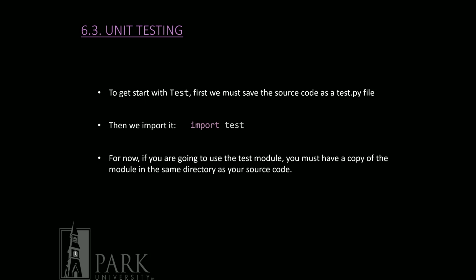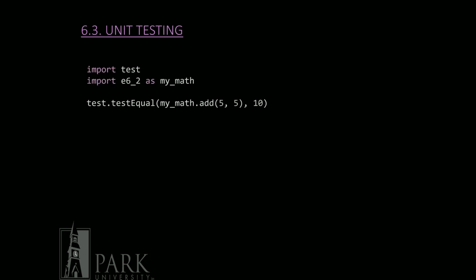Let's take a look at how we would actually use this file. So here you can see we're importing the test module, and we're importing this extra module that we're using for our math functions, and we're importing it under the alias myMath. We're then going to call the test equal method of the test module, and we're going to pass in as the actual value the result of adding 5 and 5 together using the add function that I created.